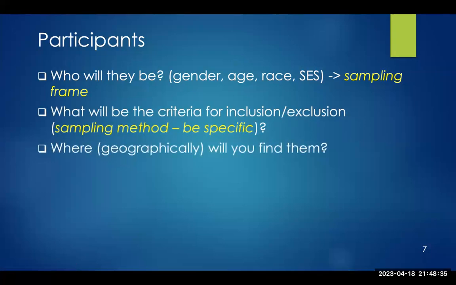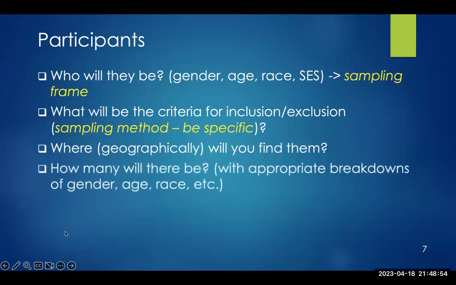Also, where geographically will you find them? So if it's not going to be some kind of online posting, then maybe you might discuss looking at a specific area, or perhaps the way to make your study original is to go for a specific geographical location that has been studied well. How many will there be?